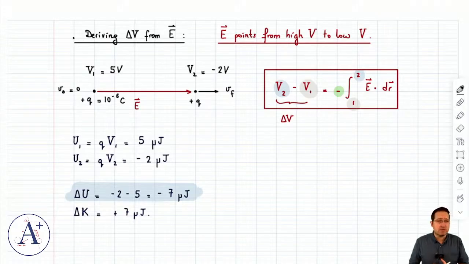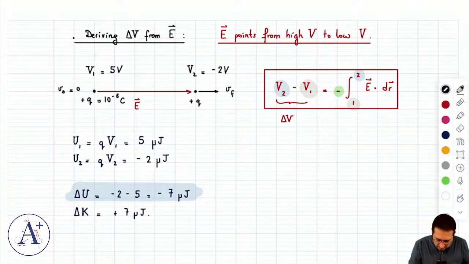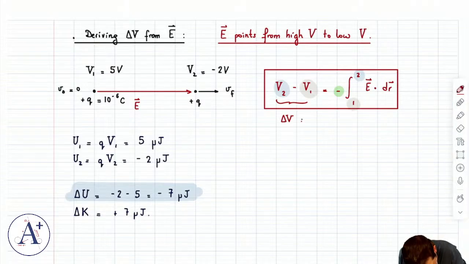I even know Gauss's law if I have high symmetry. So I have a lot of tools that allow me to find E. And if I can find it, then I can find delta V. Okay? So delta V is called an electric potential difference.